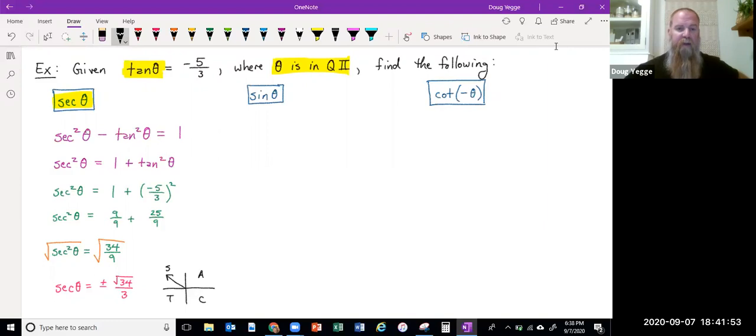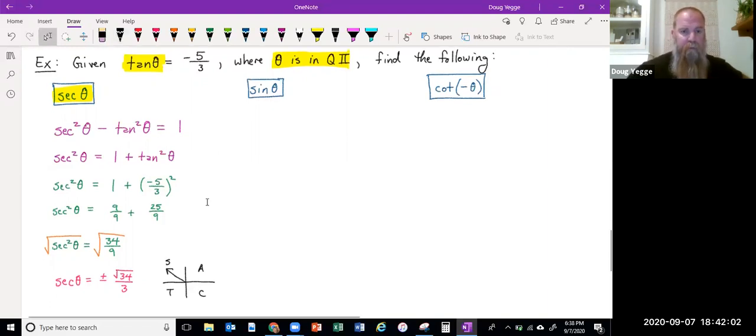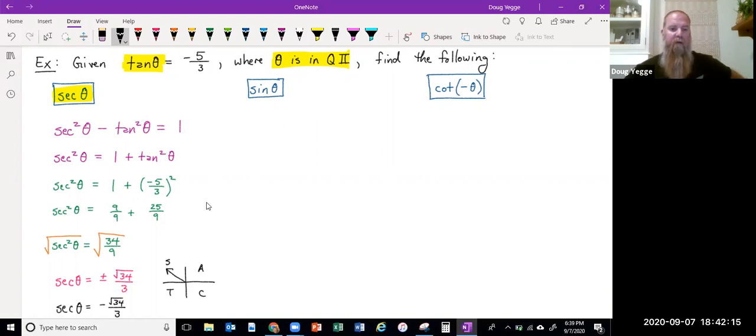So secant of theta must be the negative of the square root of 34 over 3. In other words, secant theta equals negative square root of 34 over 3. And we found that simply by using our Pythagorean identity.